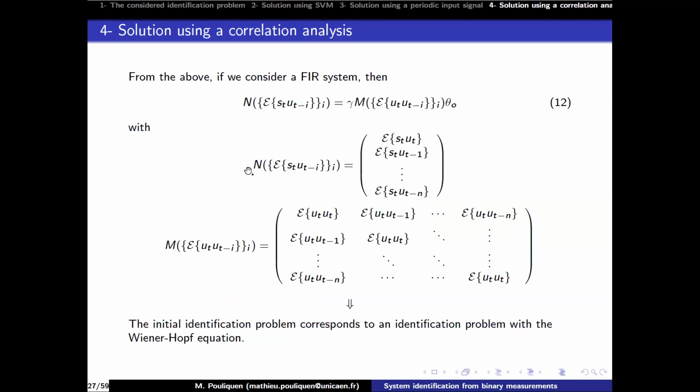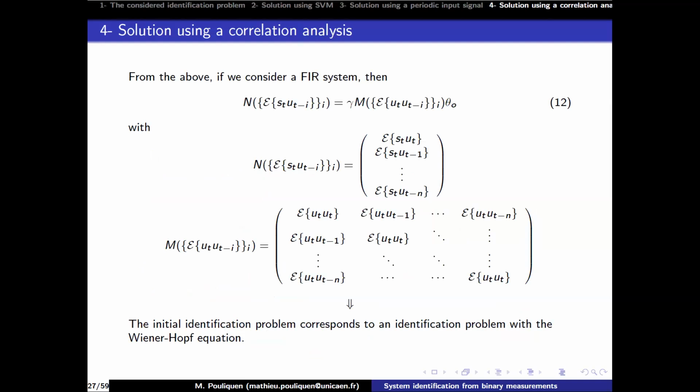Once you have estimated the correlation between S and U, we can write this equation in 12. On the right, you have the parameter you want to estimate. M depends on the correlation on the input, not difficult to obtain.